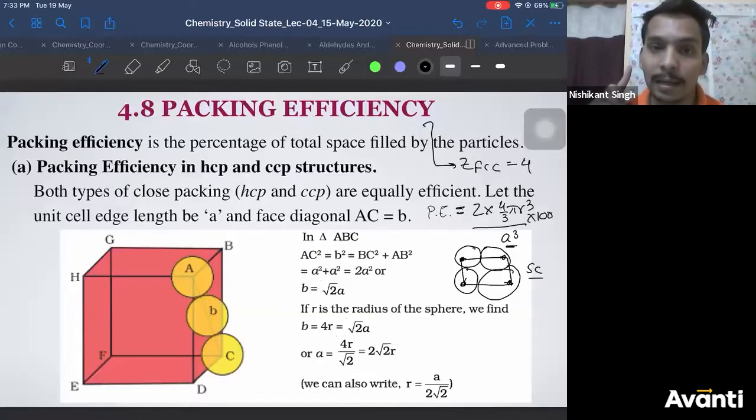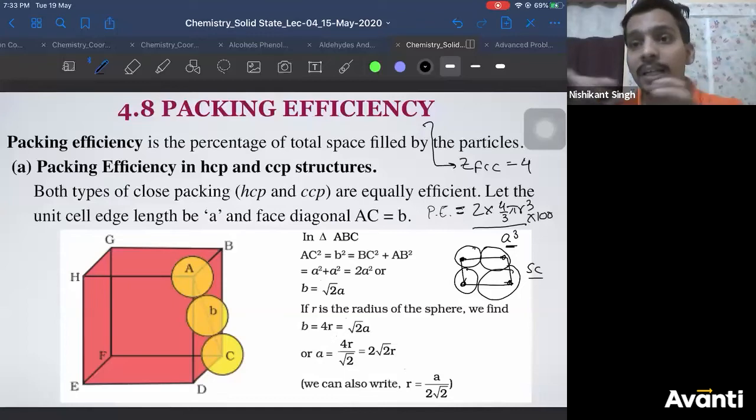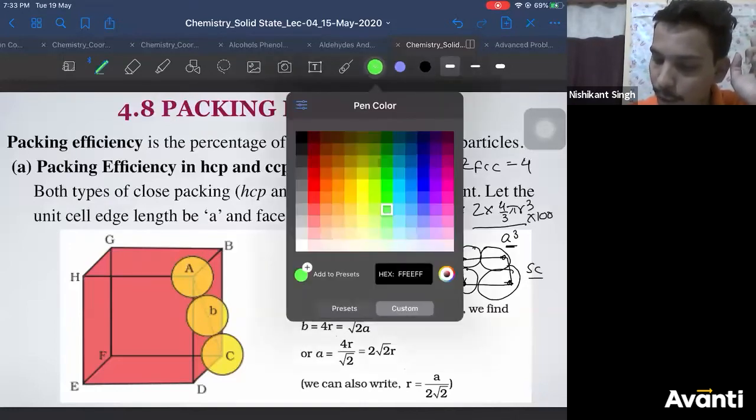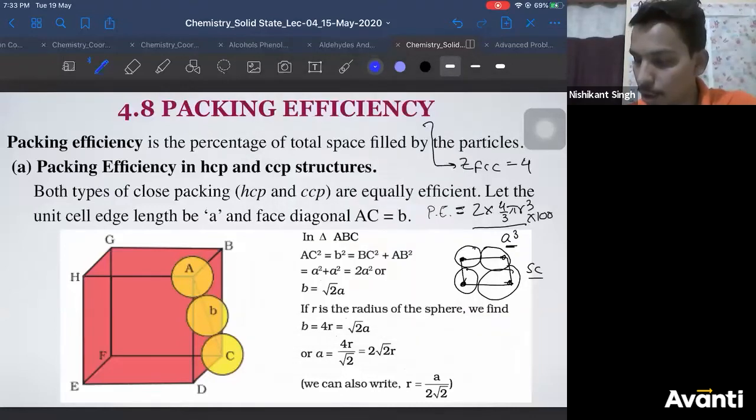Now, to maximize our packing, particles in solids are close to each other. If you remember the old concept, strong intermolecular force. Now, if I want to put my face center particle here, if I try to push my face center particle in between these four particles, there is very less space.